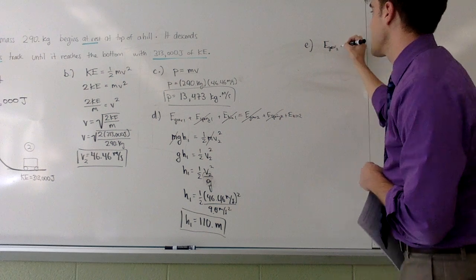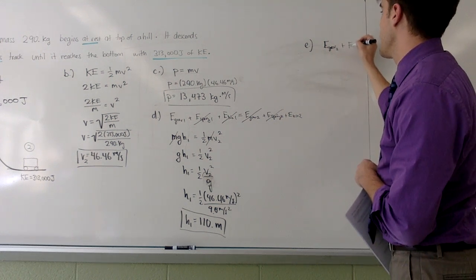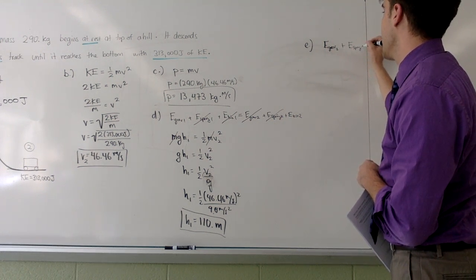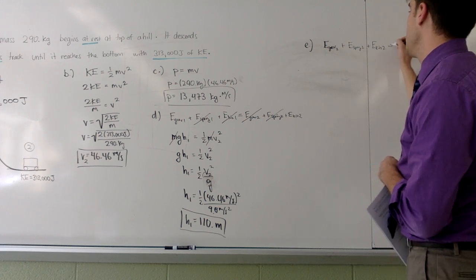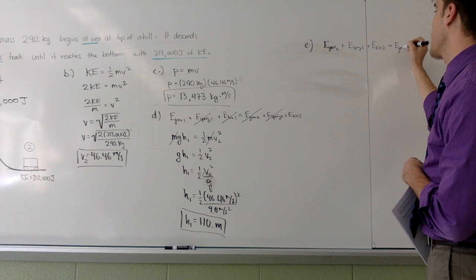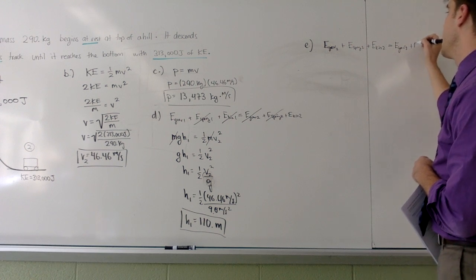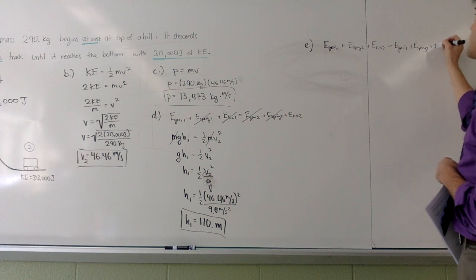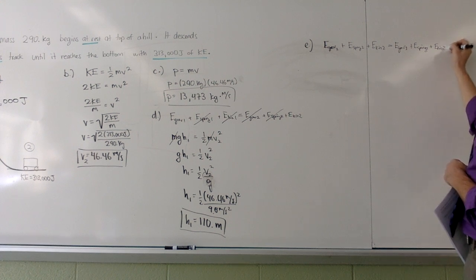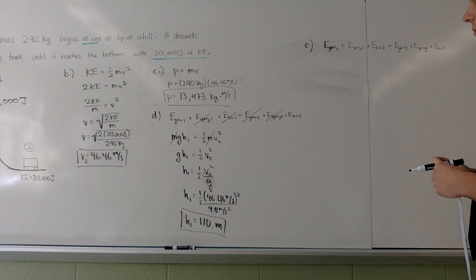So gravitational potential energy at 2 plus spring potential energy at 2 plus kinetic energy at 2 equals the gravitational potential at 3 plus the spring potential at 3 plus the kinetic at 3. So some of these are going to be 0.